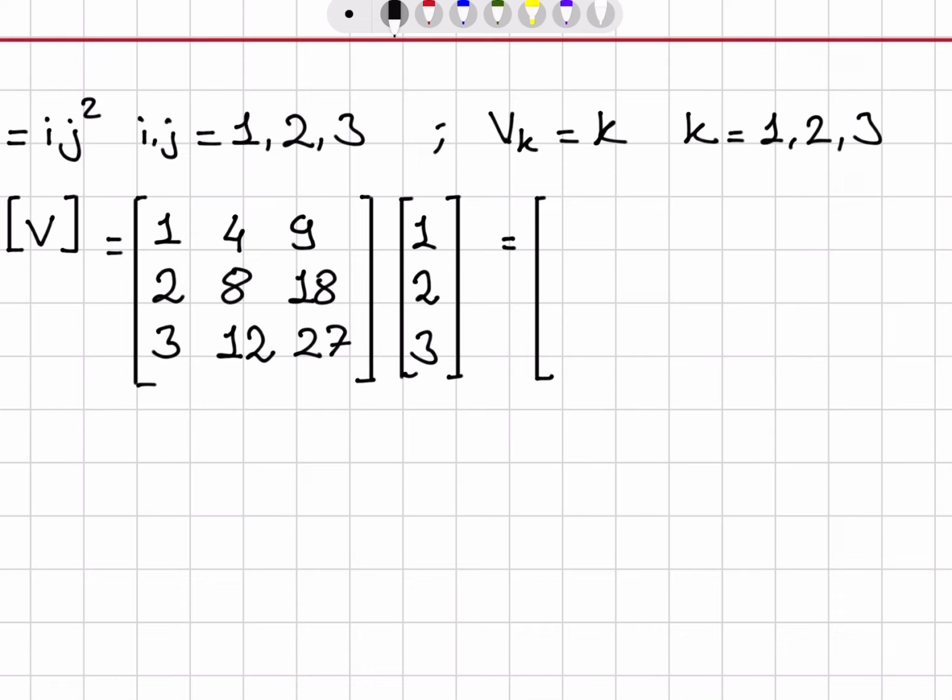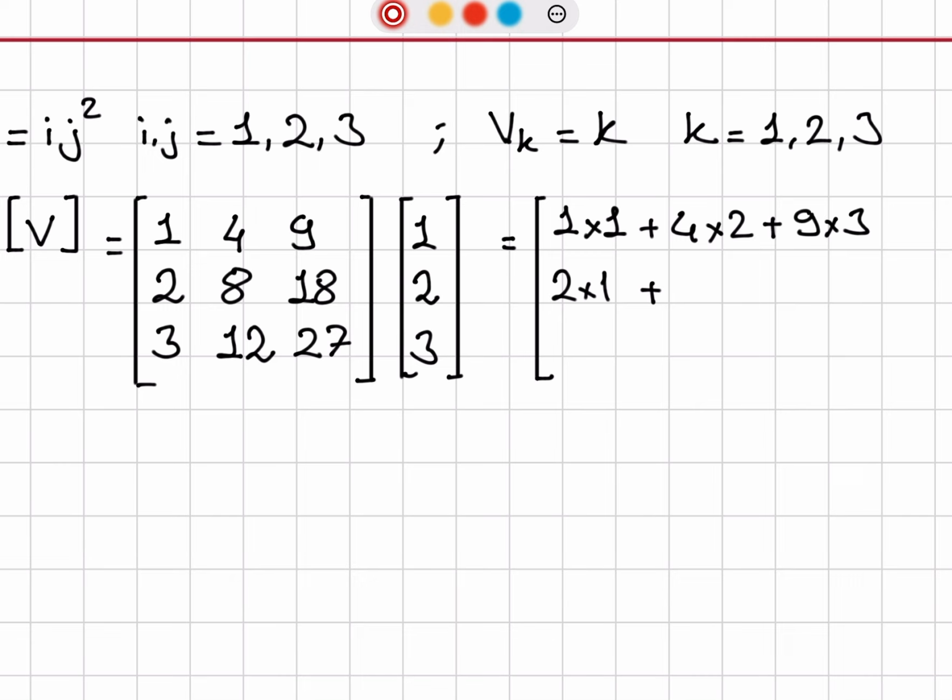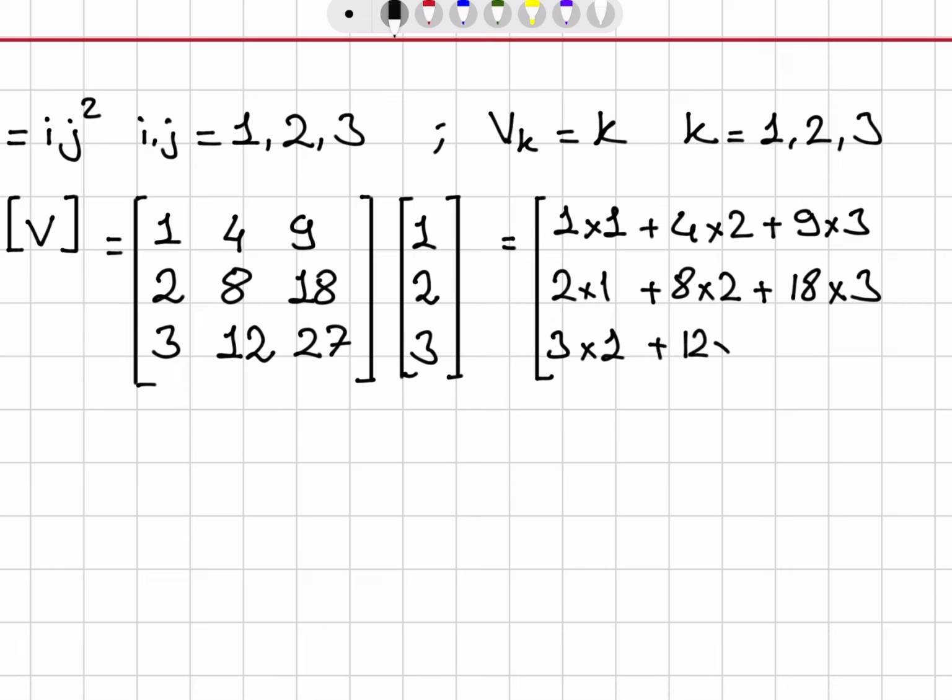So this will be 1 times 1 plus 4 times 2 plus 9 times 3, that's the first element. 2 times 1 plus 8 times 2 plus 18 times 3, the second element. 3 times 1 plus 12 times 2 plus 27 times 3, that will be the third element. So this is 3 rows, 1 column, a 3 by 1 matrix.